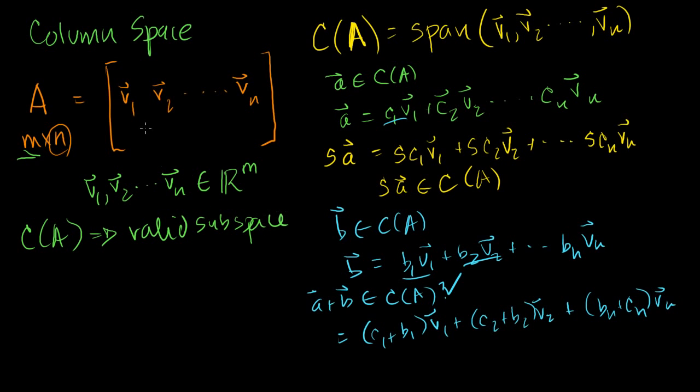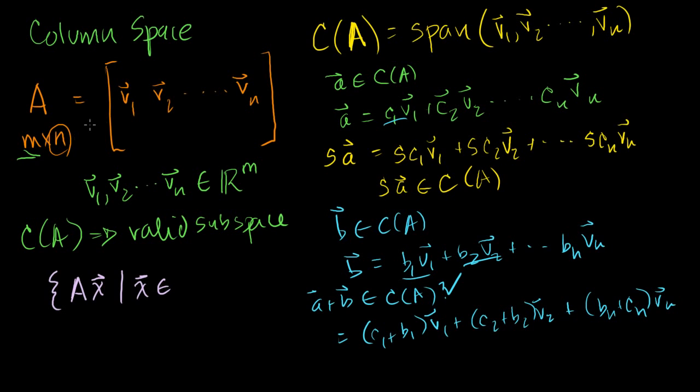Now let's think about other ways we can interpret this notion of a column space. Let's think of it in terms of the expression: if I take my m by n matrix A and multiply it by any vector x, where x is a member of Rn.